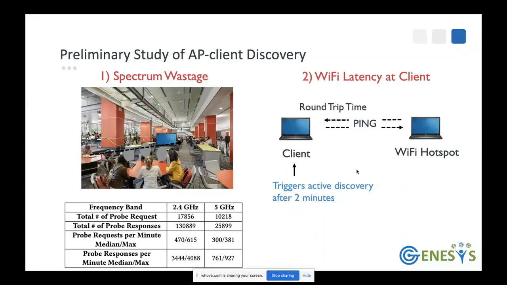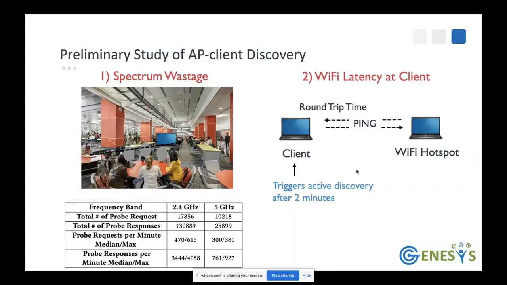In the second experiment, we wanted to analyze the impact of discovery on Wi-Fi latency. Wi-Fi latency is the latency between the client and the last hop connected access point. In our experiment, we had a client connected to a Wi-Fi hotspot server, and to measure time, we relied on the ping utility.